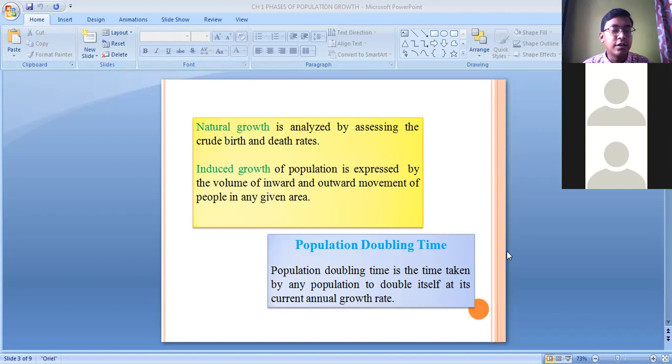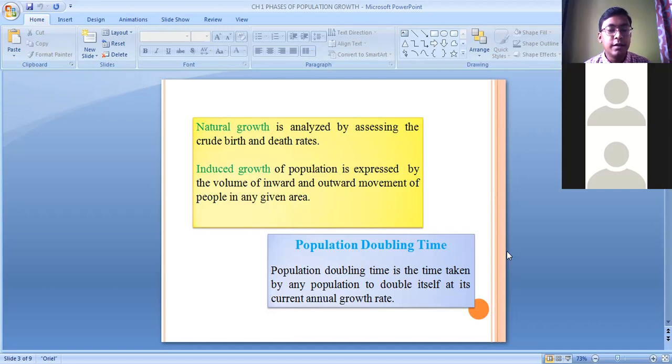And if we find out the population data of our country, we will find that the population of our country has also doubled in a particular time period. This information is very important to understand the phases of population growth of our country. So now let us start with the main topic, that is the phases of population growth.